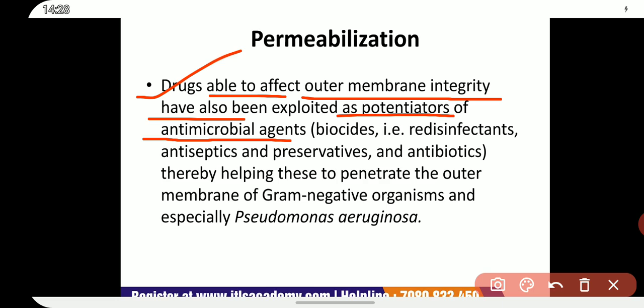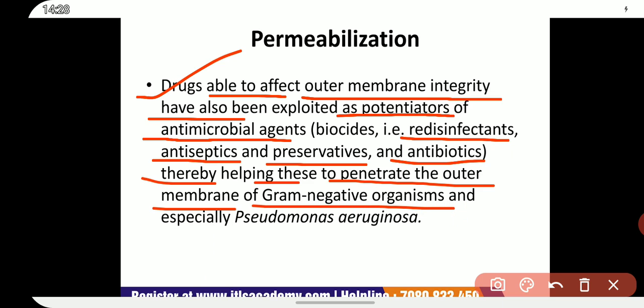For example, disinfectants, antiseptics, preservatives, and antibiotics. These are antimicrobial agents, thereby helping them to penetrate the outer membrane of a gram-negative organism, especially Pseudomonas aeruginosa.